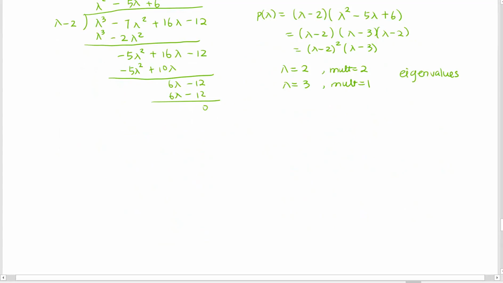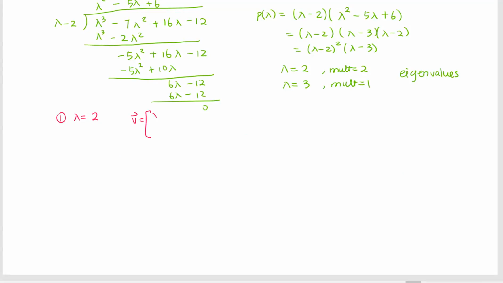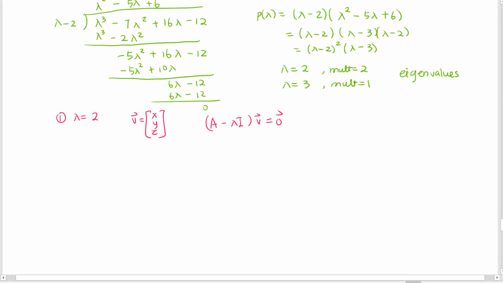All right. So first case, lambda equals 2. V will be x, y, z. And we're solving A minus lambda I times V equals 0. Okay, so how does that work? Oh, what is my A again?